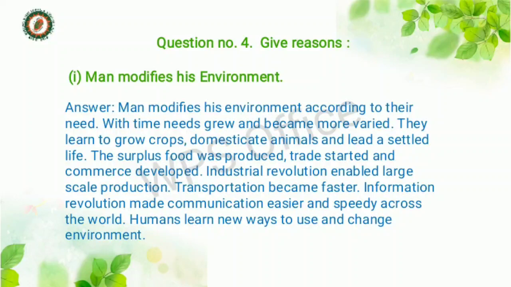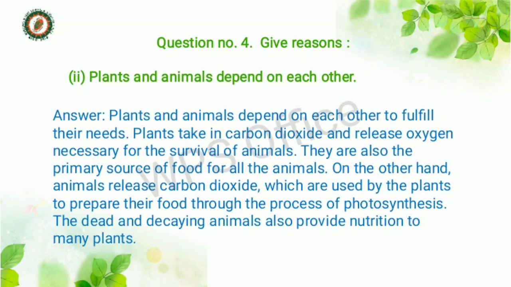Now look at today's last question. It is also part of give reasons, and it is sentence number 2: plants and animals depend on each other. The answer is, plants and animals depend on each other to fulfill their needs. Plants take in carbon dioxide and release oxygen necessary for the survival of animals.